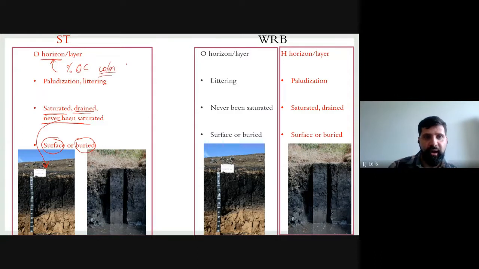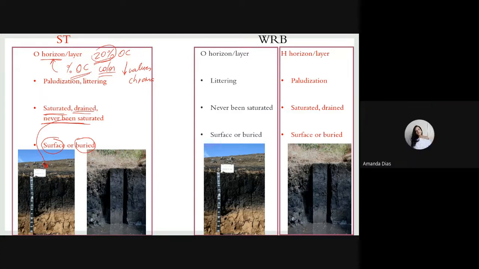It should have low value and low chroma, and a high content of organic carbon. Okay, at least 20% of organic carbon. It's a lot of organic carbon to identify an organic horizon or organic layer in Soil Taxonomy.